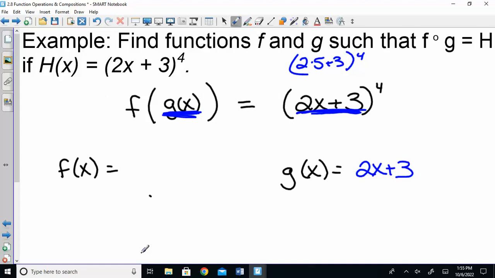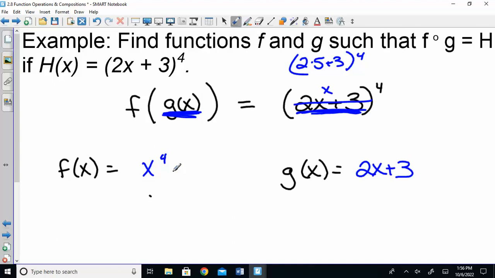So where that 4x goes, you originally had just a plain x. So if we're going backwards, you just take whatever you used for your g and replace that with an x, and that's your function f. So f would be x to the 4th power.